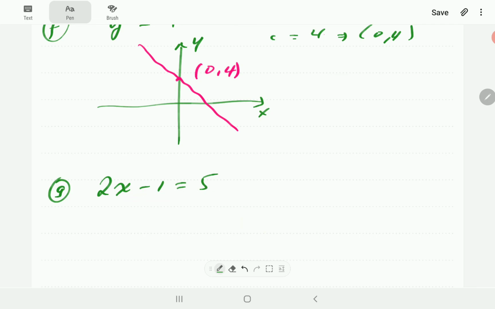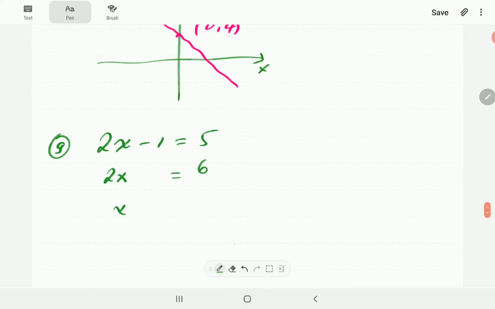There is no mistake with it. If only one variable appears, then we just make that variable the subject. So here if we take 1 to the other side, this is x equal to 3.